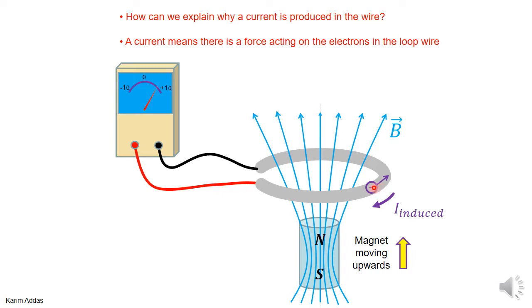Because remember, negative charges moving in the wire are continuously hitting other things. They're continuously hitting other electrons, the atoms around, the molecules in the material. So they always continuously hit things and lose their energy, and then they have to gain that energy again by having some force applied to them to increase their speed, and then they lose the energy again.